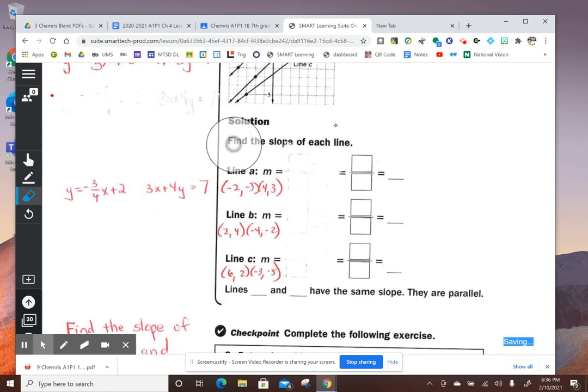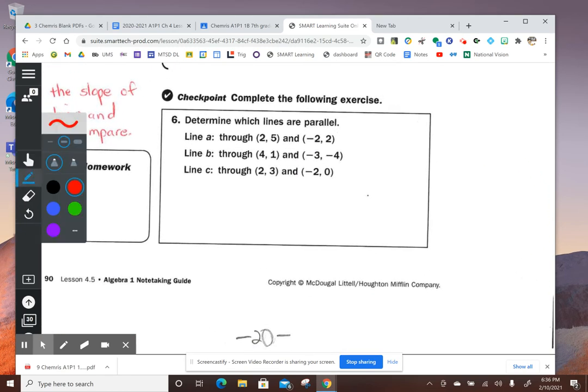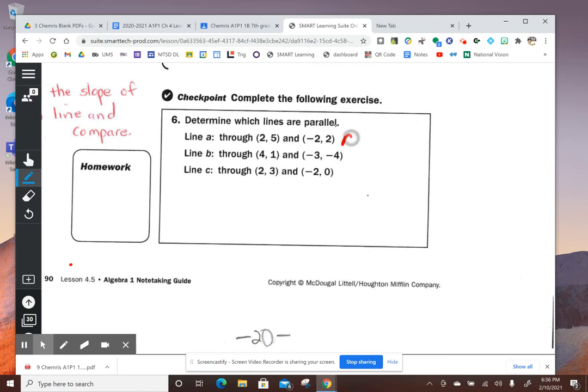Okay. So now I want everyone to stop the video, and you're going to do number 6 on your own. So number 6 isn't graphed, but it gives you the points. So given the points, you have to find the slope. So the slope for line A would be 5 minus 2 over 2 minus negative 2.